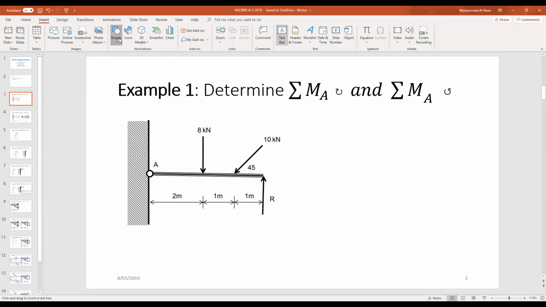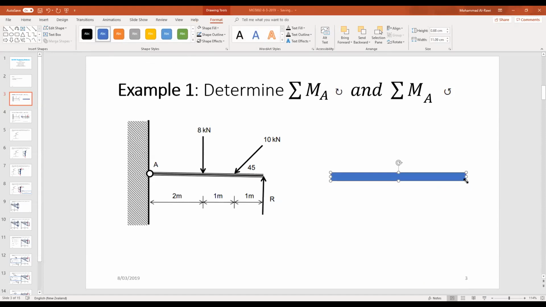First of all, we take the beam itself, and we will show the support reaction forces. For example, here it's 1, and there is another one around this point, and there is another one at this point, and of course they have different magnitudes.